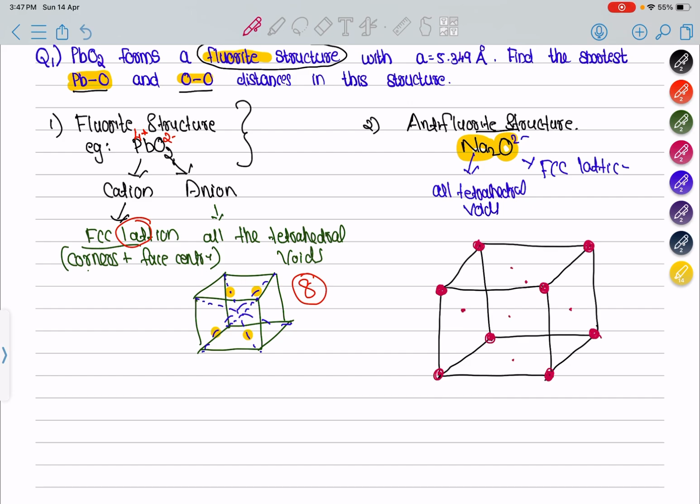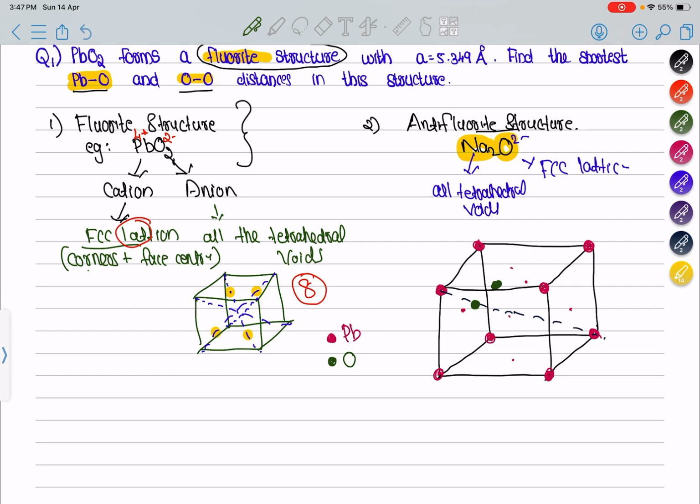I am drawing the lead atoms, Pb, in this color. The next atom is oxygen. Oxygen atoms occupy all the tetrahedral voids. Suppose I am drawing one body diagonal. This is 1/4 of this position, this is an oxygen atom. Another oxygen atom comes near here, at 1/4 of this body diagonal.